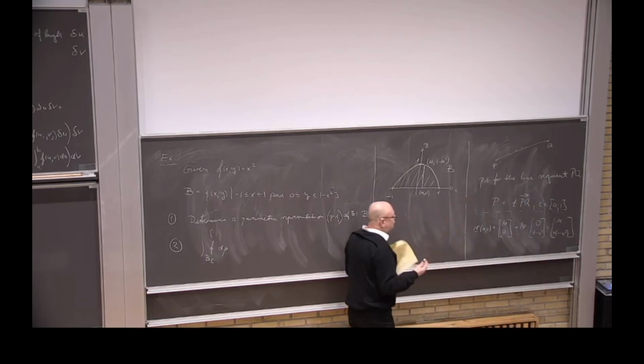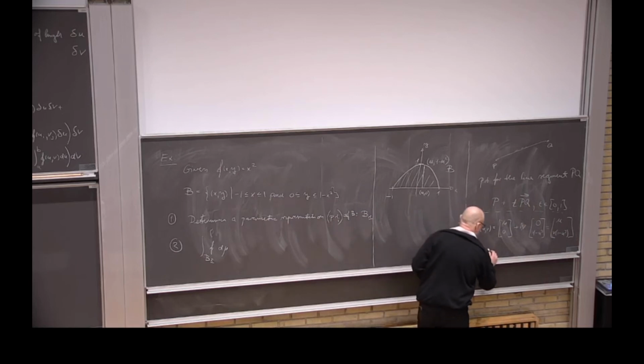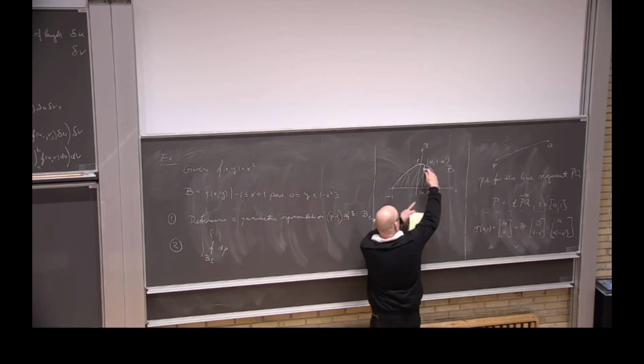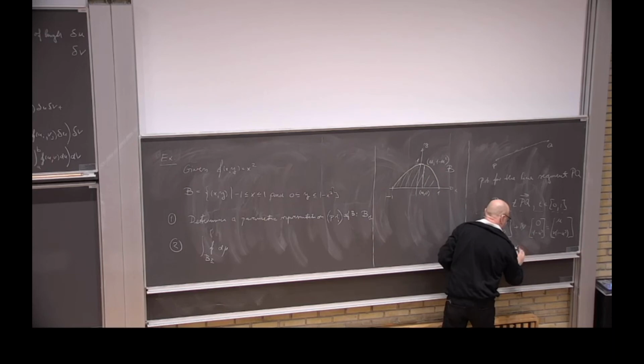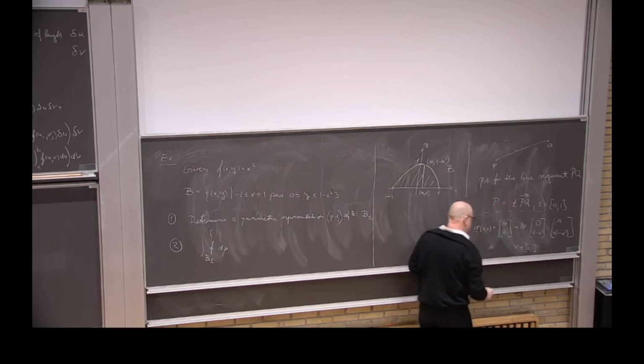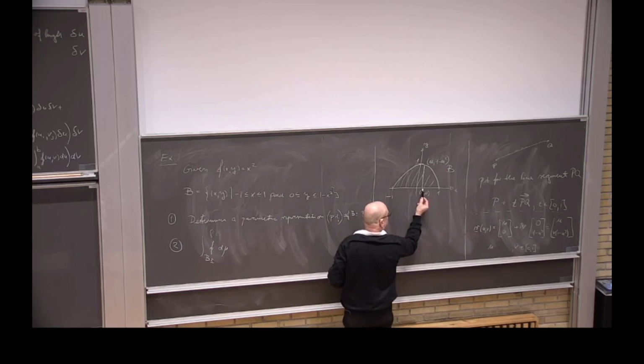And then I have to consider the intervals. Of course, I know from the way I have constructed this one that v is running from 0 to 1. But you see here, I could have drawn this line.